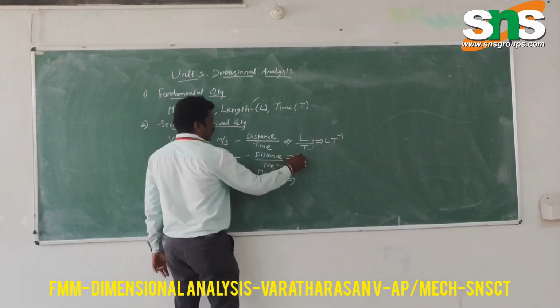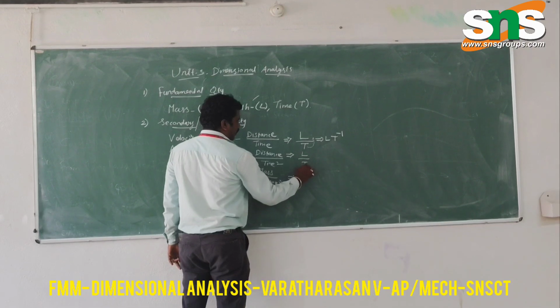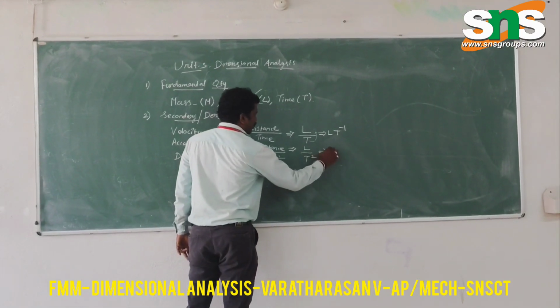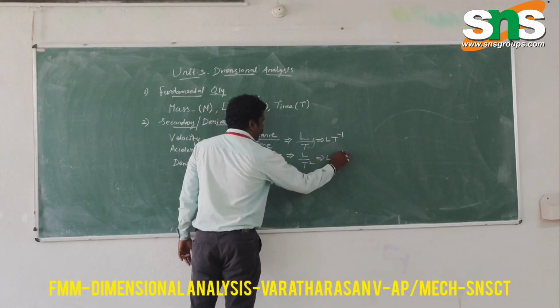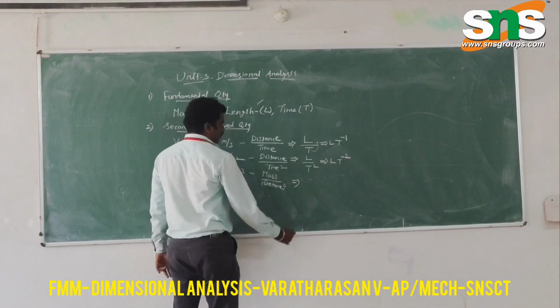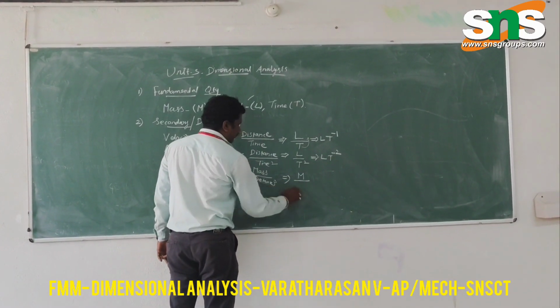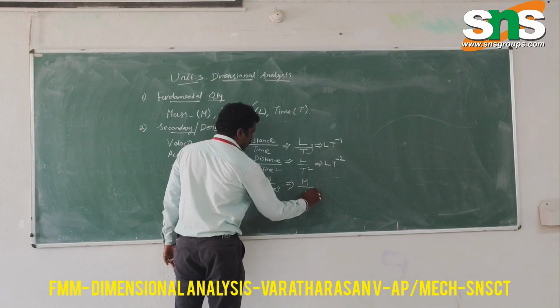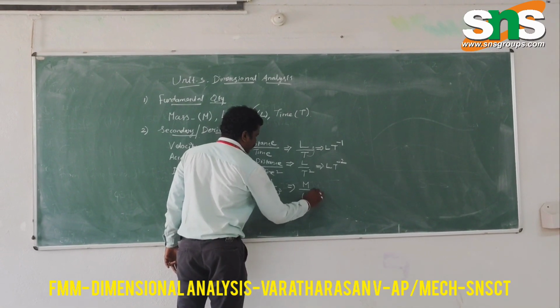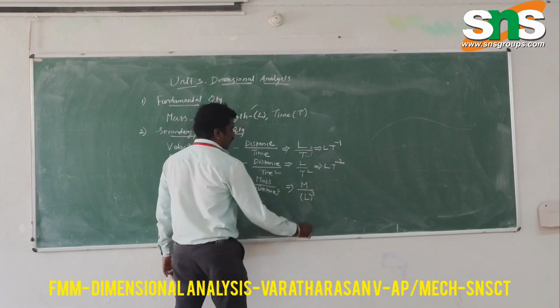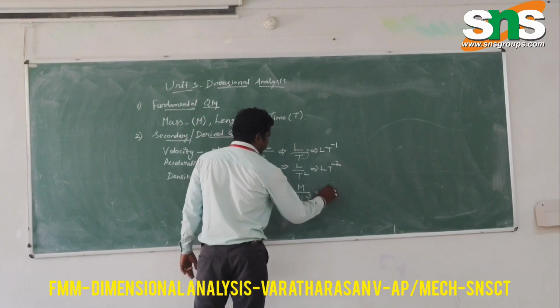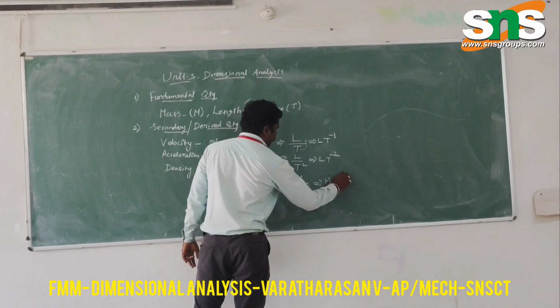The same here also: L t square, L t power minus 2. And also here m divided by distance L cube. So m L power minus 3.